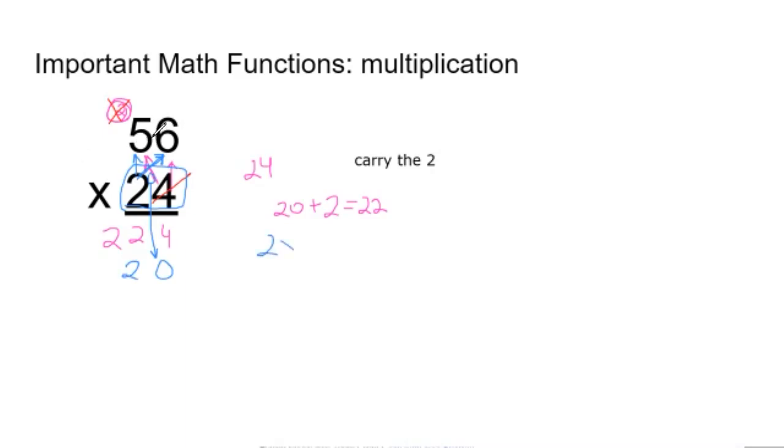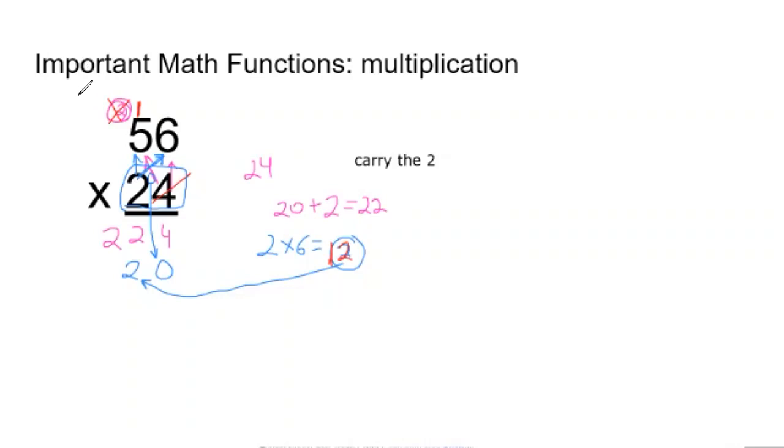So I took this 2 from here and put it there. And then I'm putting the 1 from here, right? It's 12. And so I'm taking this 1 and I'm putting it up here.